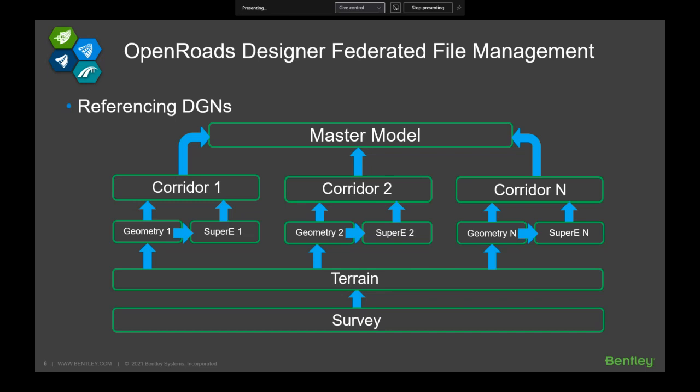So when we proceed to our next step, which is geometry creation, we will not do that geometry creation in the same file, which is the terrain file, right? So what we will do is we will create another file and reference the terrain once we are doing our horizontal as well as our vertical.